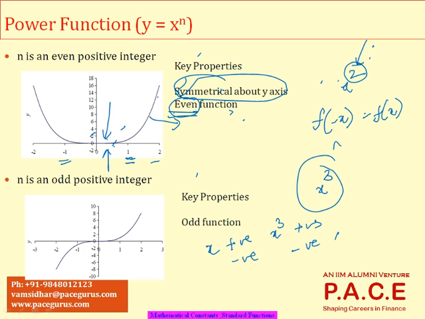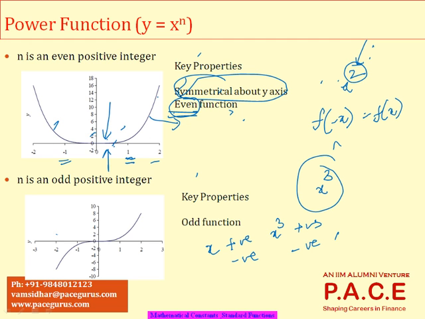So x cube will observe the same behavior as x. So all odd powers will have the same sign as the original x itself. So you will find some level of symmetry, but not around the y-axis. But you will find typically a symmetry existing around the y equal to x kind of a line.